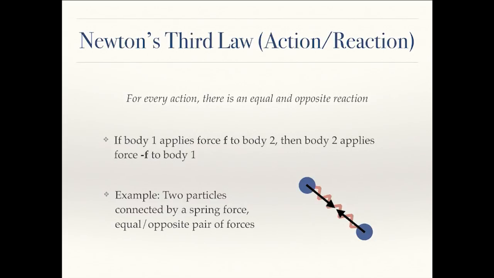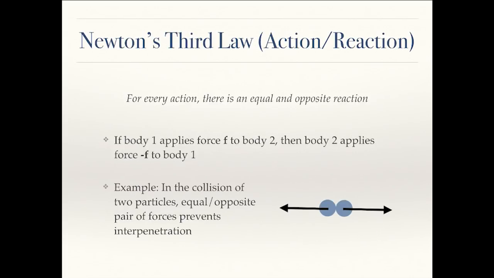The restoring force will be a pair of forces, and they'll be equal in magnitude and opposite in direction. Another example where we use Newton's third law is in a collision of two bodies or two particles. In this collision, there's going to be some force at the time of collision, or an impulse, that will act with equal magnitude and opposite direction on both bodies to prevent interpenetration of the bodies.